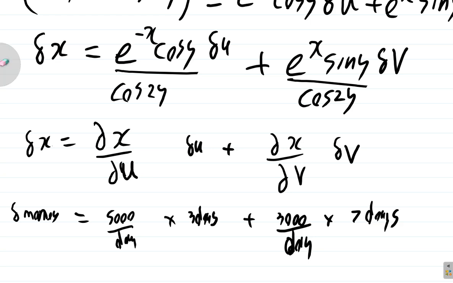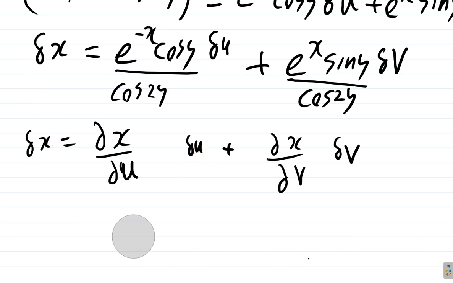So you see what I'm saying here, right? The derivative. The rate at which you're paid by day times the change in days. This is the rate at which X changes by U times change in U. Alright, so you get the idea there. Just a reminder there.